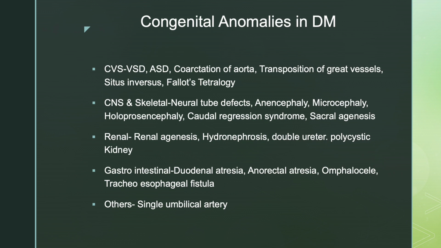In the central nervous system, it can result in neural tube defects, anencephaly, microcephaly, and holoprosencephaly. In the skeletal system, it can result in caudal regression syndrome and sacral agenesis. In the renal system, there can be renal agenesis, hydronephrosis, double ureter, and polycystic kidney. In the gastrointestinal system, it may result in duodenal atresia, anorectal atresia, omphalocele, tracheo-esophageal fistula, etc. Another anomaly that can occur is single umbilical artery.